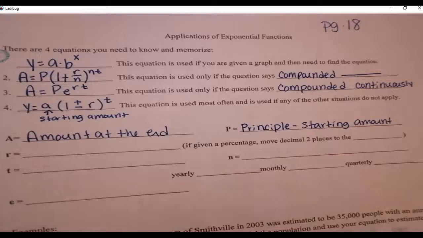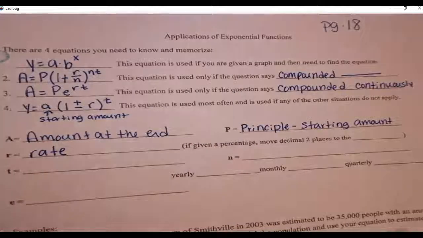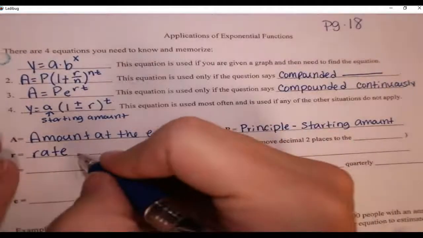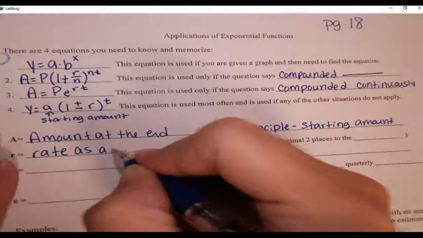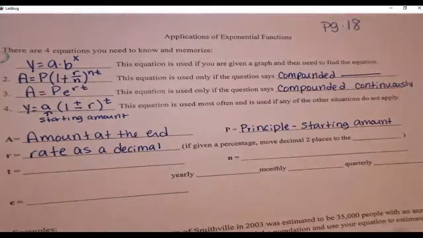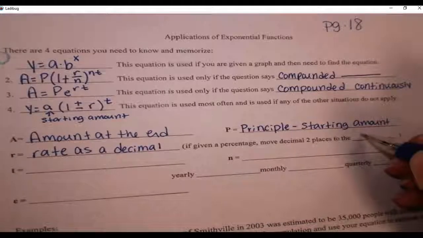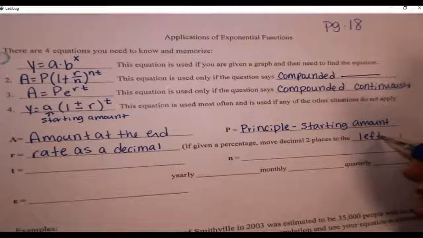Now R in all of these equations is your rate. But you always want that rate as a decimal. So if it gives you a percent, you have to make it a decimal. And to do that, you can either divide by 100, or you can just move the decimal place 2 places to the left.